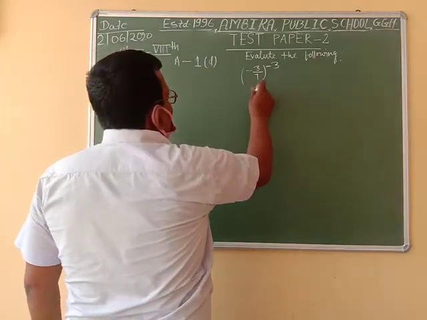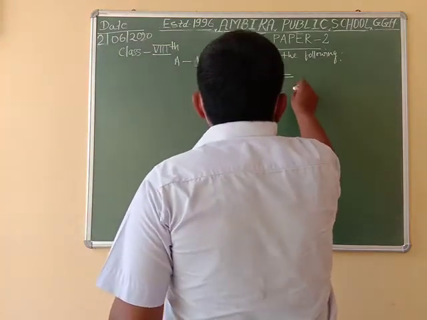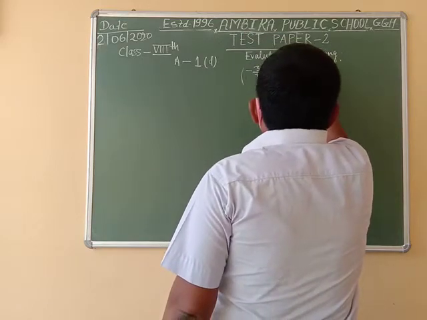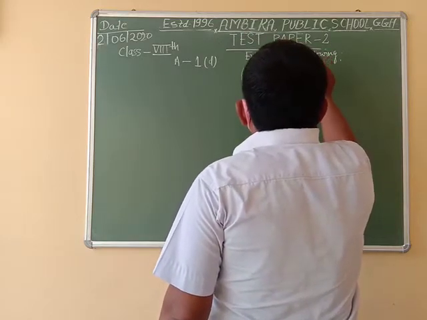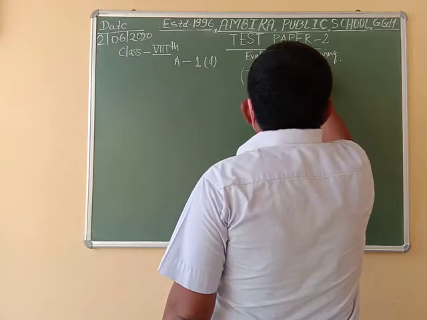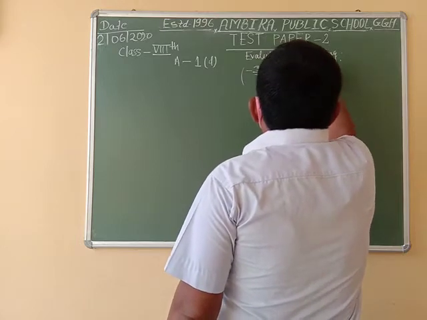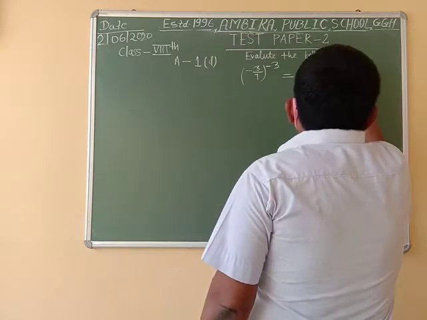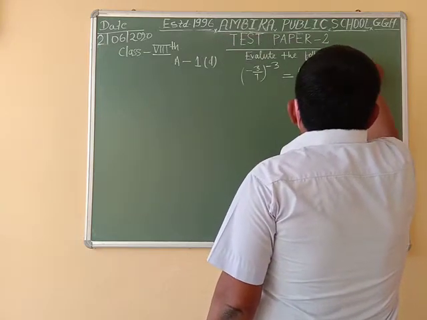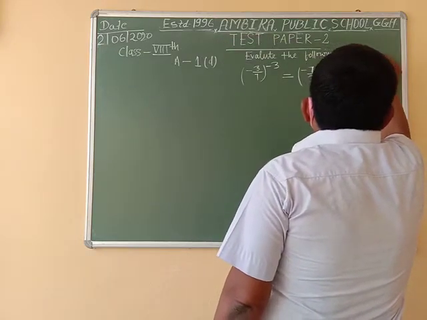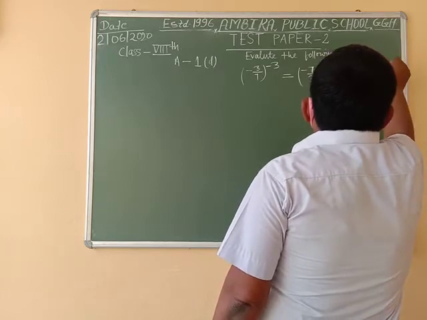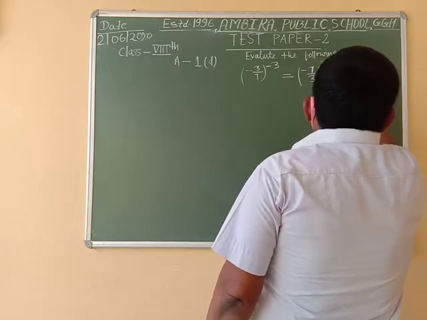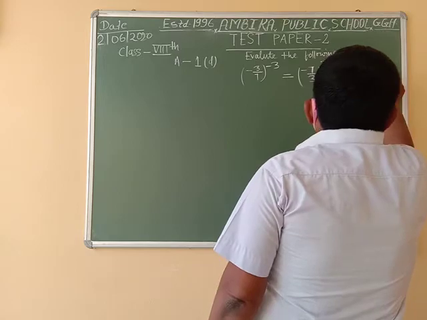We can write this as (-7/3) to the power 3, which is equal to -7 into -7 into -7 by 3 into 3 into 3.